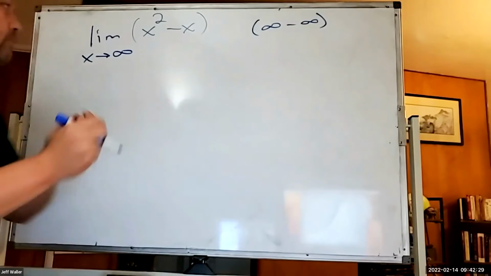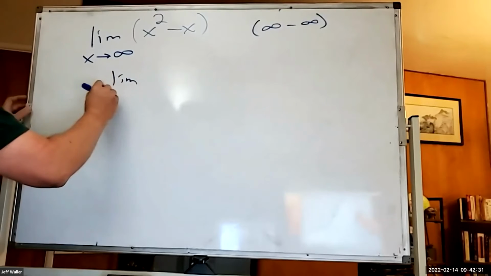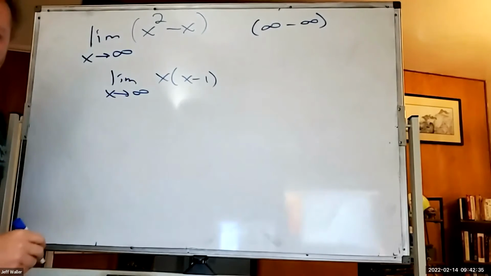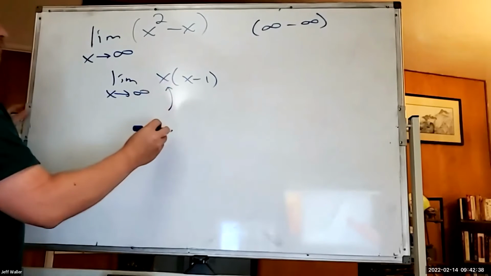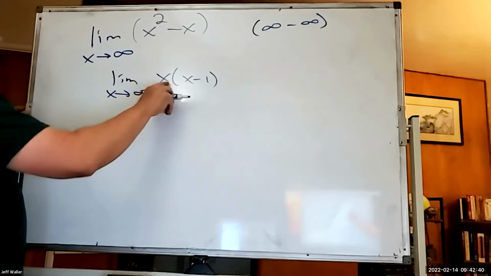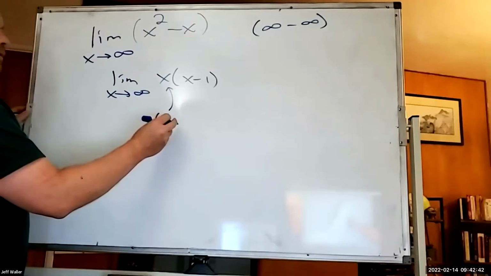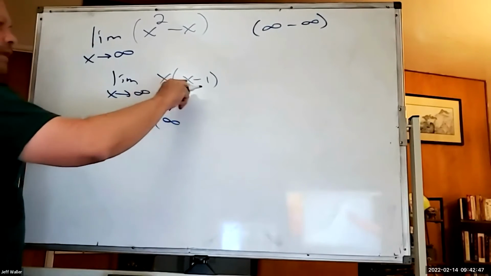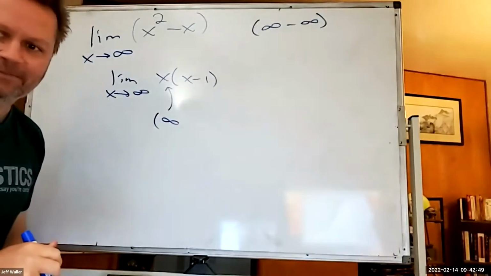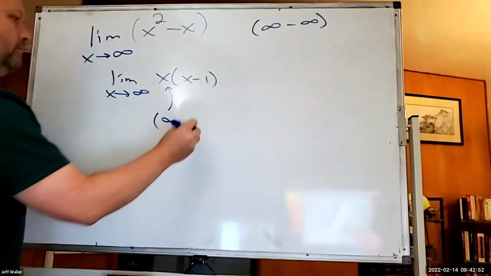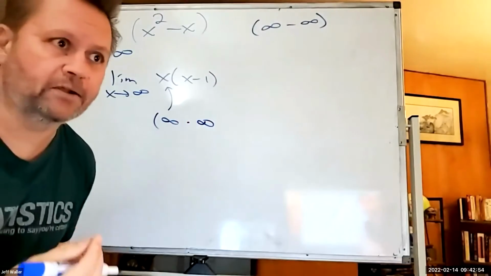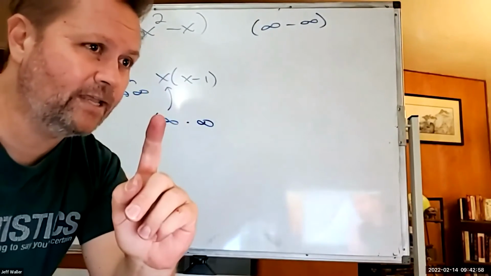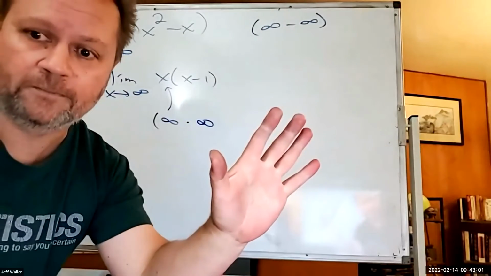Well, the way I can look at this better is to factor it. What's this? As x goes to infinity, this goes to infinity. And what is this? As x goes to infinity, what's x minus 1 going to? Infinity minus 1, which is infinity, correct? Infinity minus any finite amount is infinity.